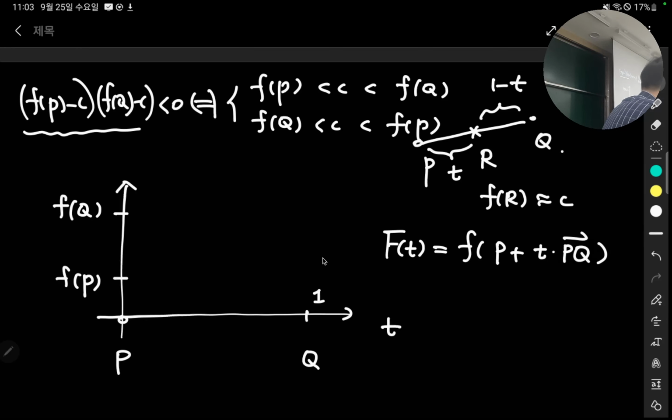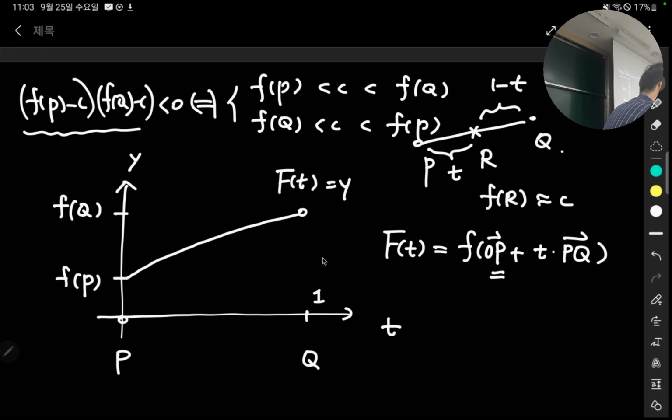When T equals 0, I'm only at P, and when T equals 1, you can assume that this is OP, so OP plus PQ means OQ, so we are actually at Q. The actual function may not be a linear function. Let's say this is the graph of the actual function. If you think of this as y, then this is the graph of y equals F of T.